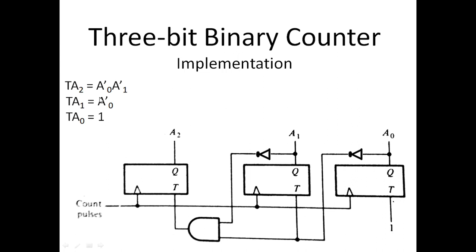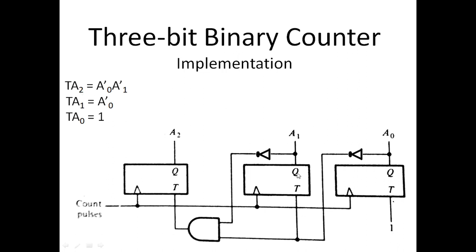Similarly, the T input of flip-flop 2 is defined to be A0 prime and A1 prime. We get A0 prime from here, we get A1 prime from here, and we AND these two variables, A0 prime and A1 prime, and we get the output which is connected with the T input of flip-flop 2.